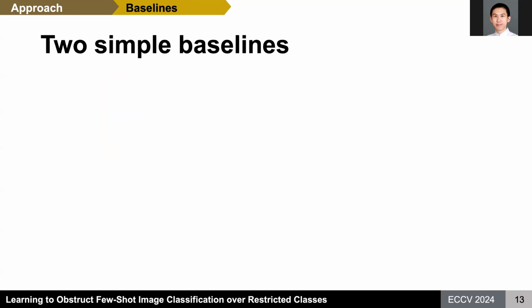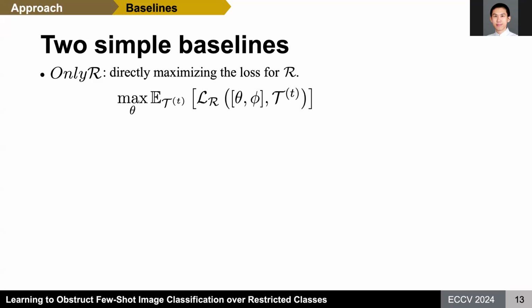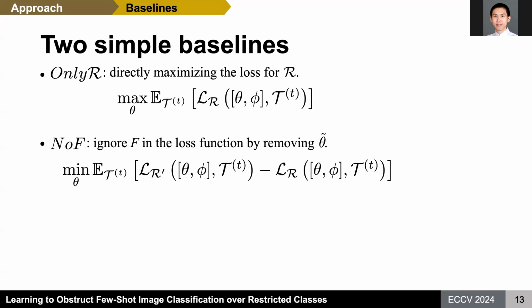To demonstrate the effectiveness of our algorithm, we propose two simple baselines for LTO by replacing the objective functions. First, we have only R, where we directly maximize the classification loss for only the restricted classes R. Second, we have no F, where we completely ignore the learner F in our algorithm and thus remove the updated tilde theta in the loss function.